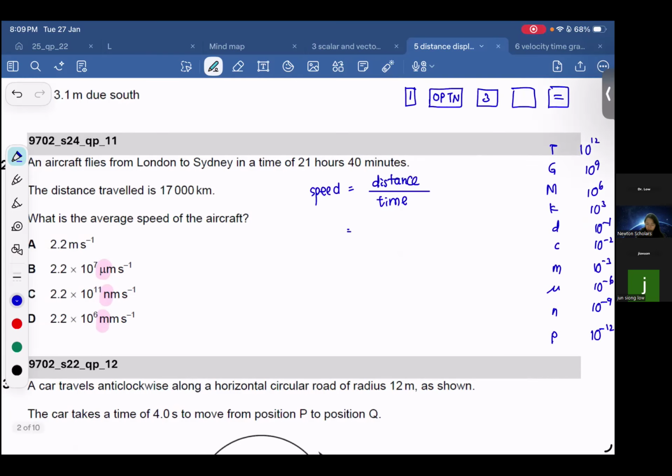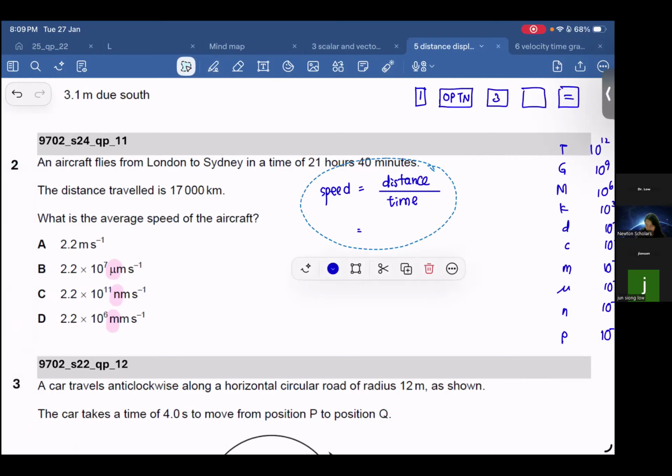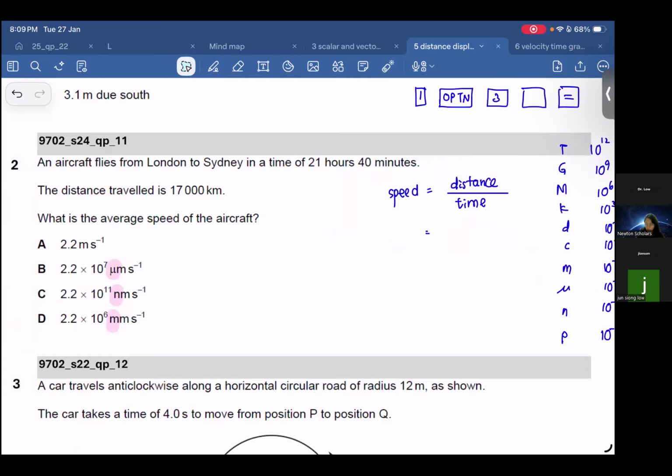Okay, can you try to solve this question and then tell me what is the correct answer? Try and then tell me your answer.